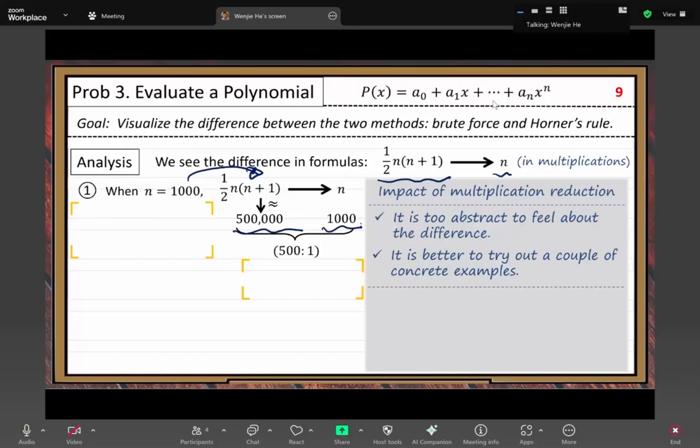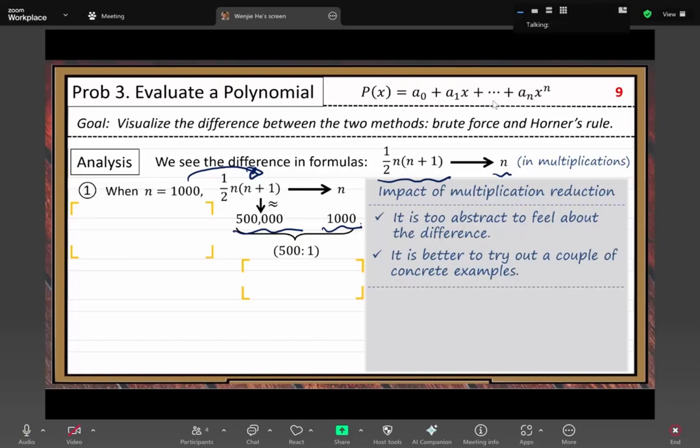If you apply the brute force method, you need a certain amount of time, but now you switch to Horner's rule, the execution time you need is one 500th of the original time, 1 over 500. How much is that? Is it about 0.2%?